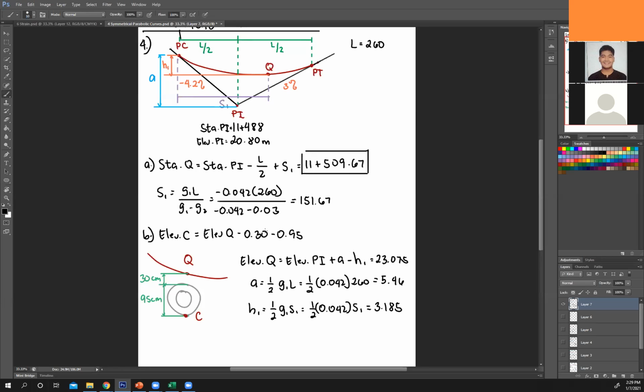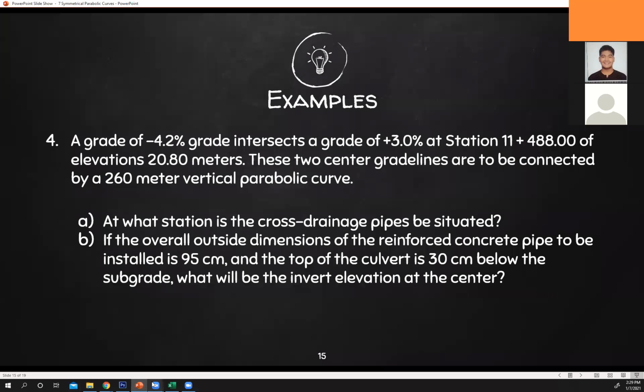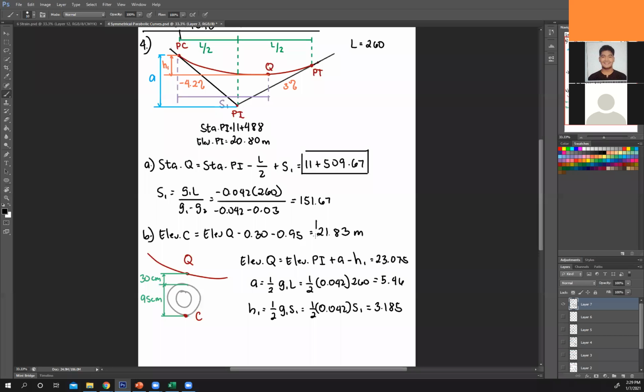So 23.075 minus 0.30 minus 0.95. Correct. 21.825 or 21.80. Elevation given? Yeah. Here. Okay.